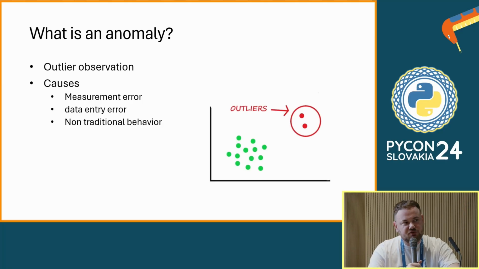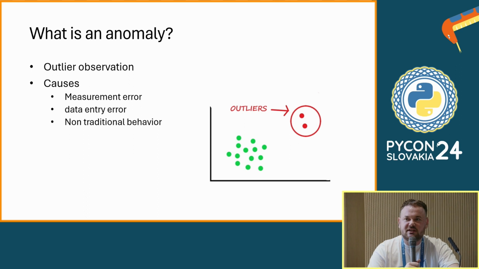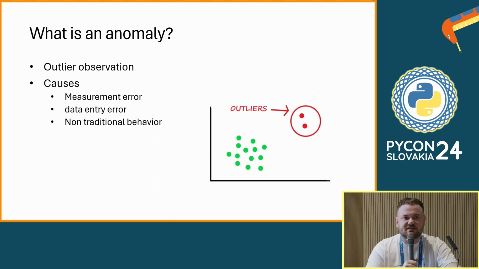If I may ask you, would you please raise your hand if you have worked with any kind of anomaly or outliers, except for deleting them from your dataset when you're trying to make any models? Nice.